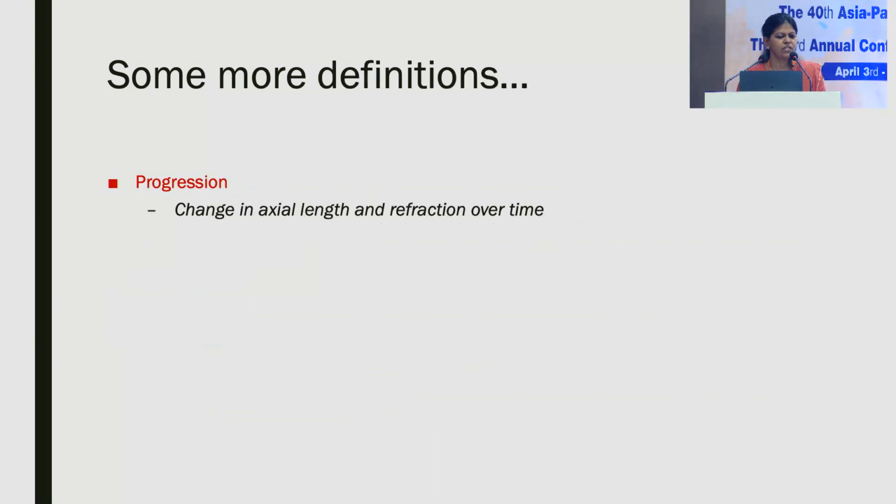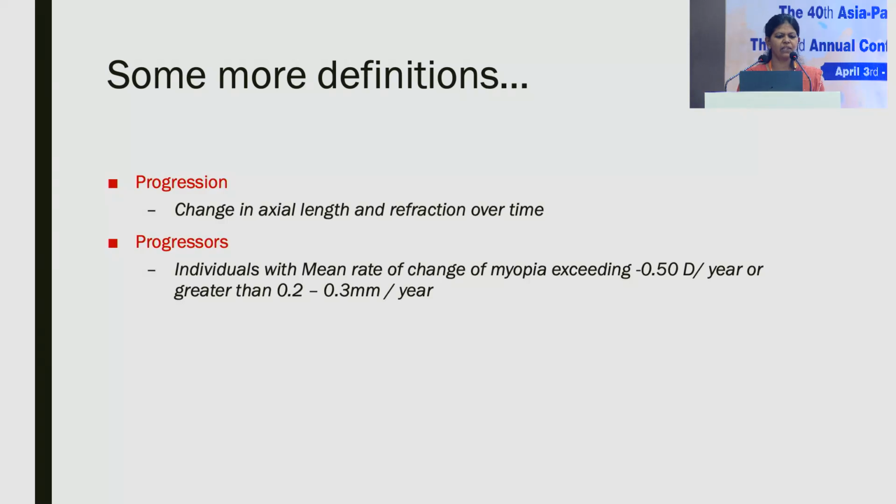So some more definitions. What is progression? Any change in axial length and refraction over time which can be demonstrable at a period of every 6 months or 1 year, we call it progression. And progressors are individuals with the mean rate of change of myopia exceeding 0.5 diopter per year or greater, and with corresponding axial length elongation of 0.2 to 0.3 mm per year.